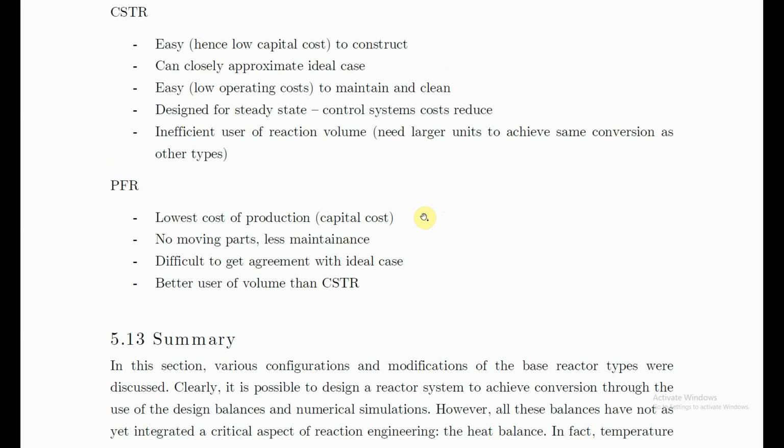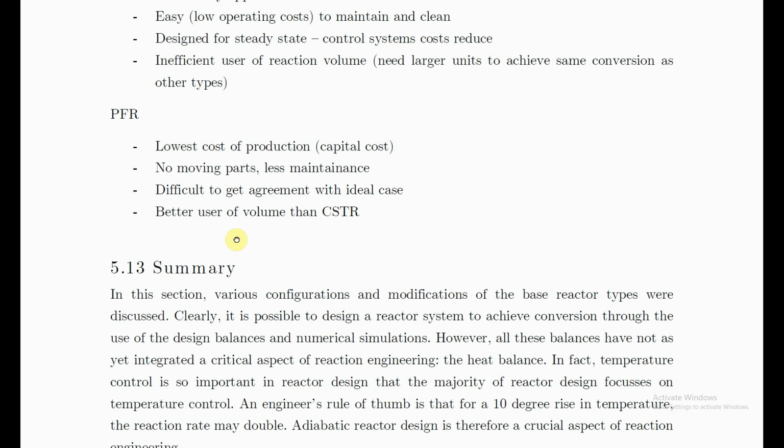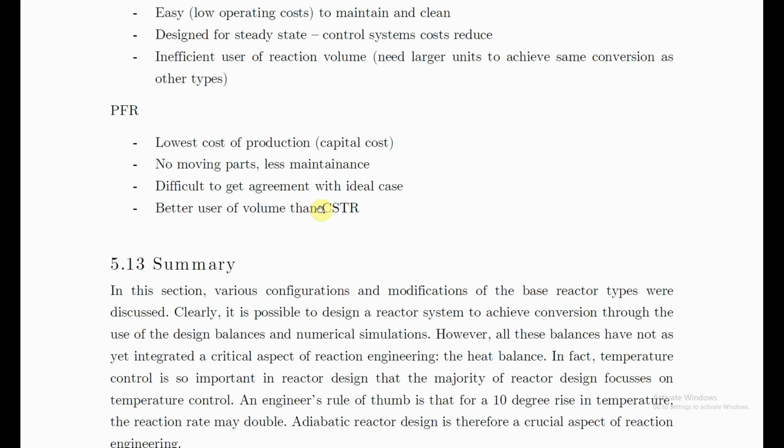In the case of a PFR, it says it's lowest cost of production, but typically it means trying to have many tubes. But you can do it. Yes, you have sort of long, thin flows rather than short, fat reactors and so on. So it's a better use of volume than the CSTR.